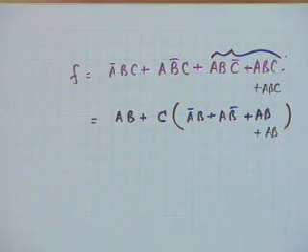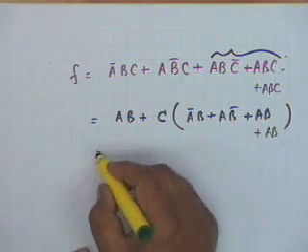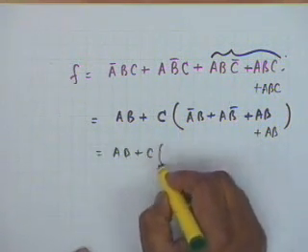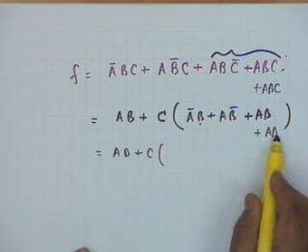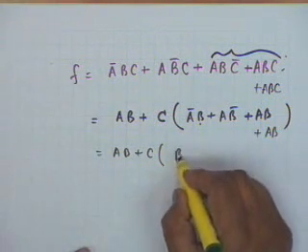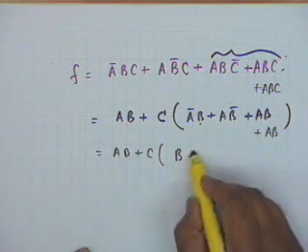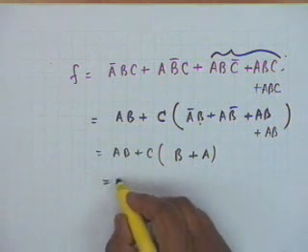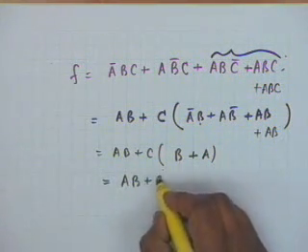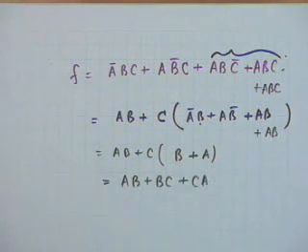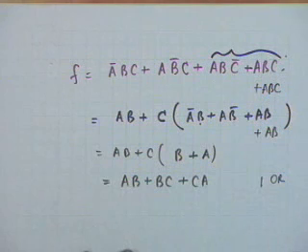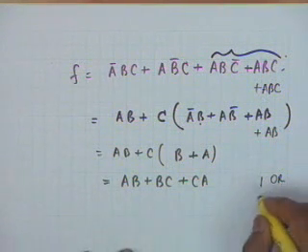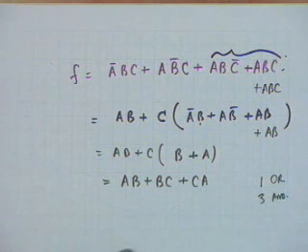Alright? And to be able to simplify this now, we add one more AB. This requires a little bit of experience. We add one more AB. Then we say AB plus C, you see, A bar B plus AB is simply B, and AB bar plus AB is simply A, and therefore this is simply AB plus BC plus CA, which means that you require now one OR gate, no inversion, one OR gate and 3 AND gates.